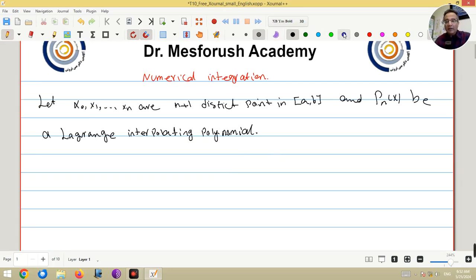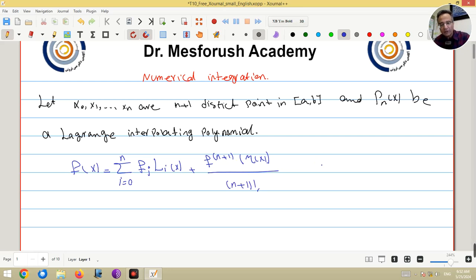So, in fact, I can write f of x equal to the sum over i from 0 to n of f(xi) li of x, plus the error term of the interpolating polynomial, that is the n plus 1th derivative of f at eta of x over n plus 1 factorial times the product for i equal to 0 to n of x minus xi.